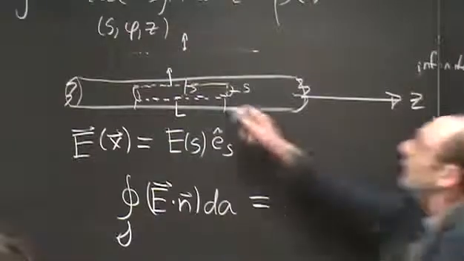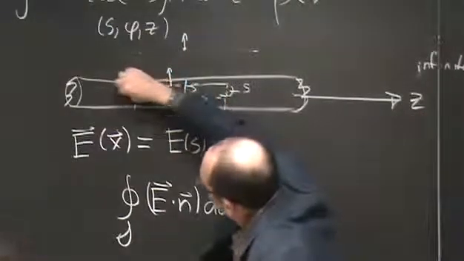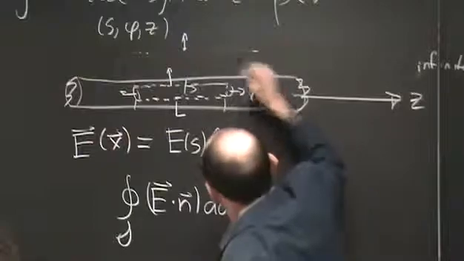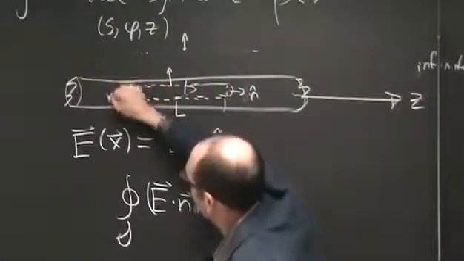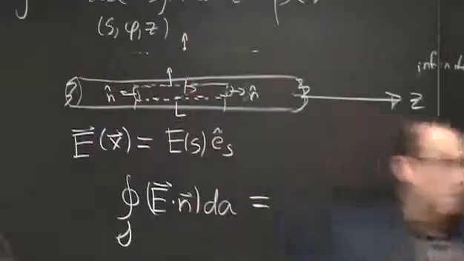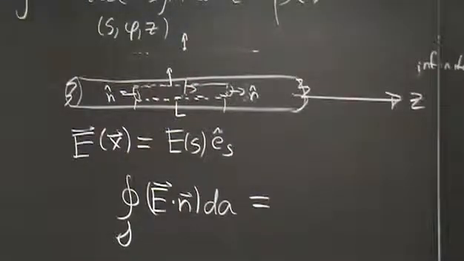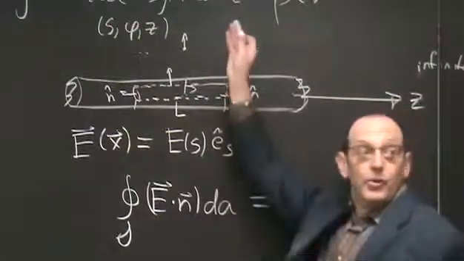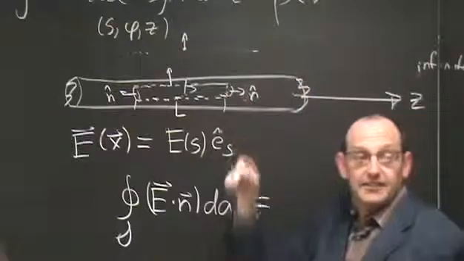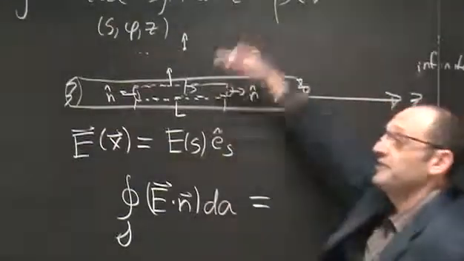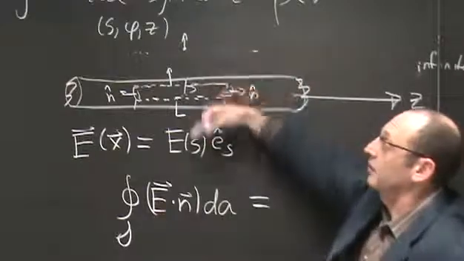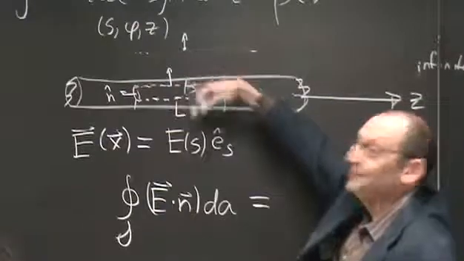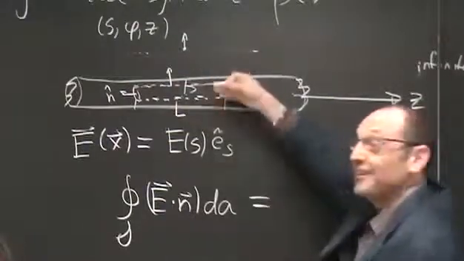Well, along the end caps of the little cylinder here, E dot n hat is 0. So there's no contribution to the flux on the end caps, and all the flux goes through the label of the soup can. And so the surface that contributes to flux is the surface area around this part of the cylinder, right?